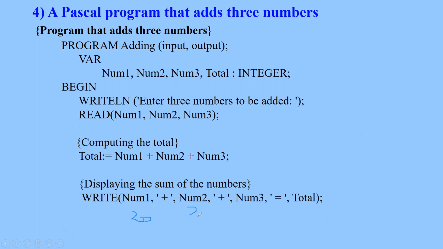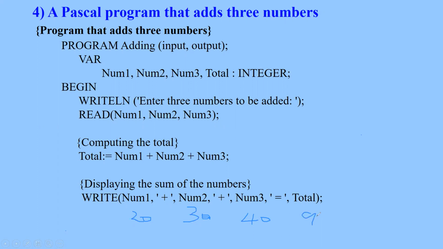Then for number 2, the user entered 30. And then for number 3, the user entered 40. Then the total, of course, is 90.